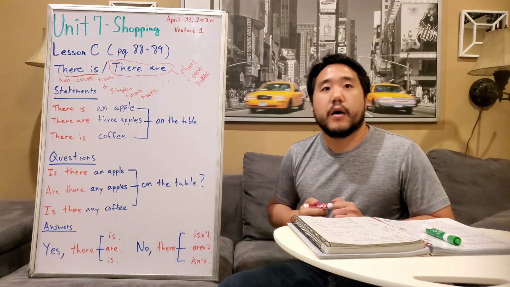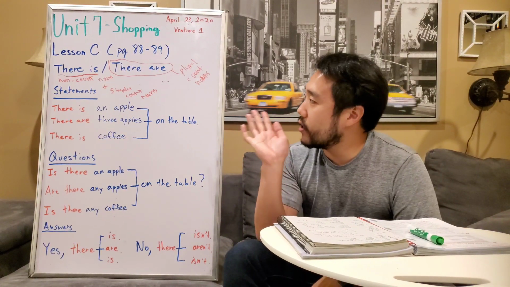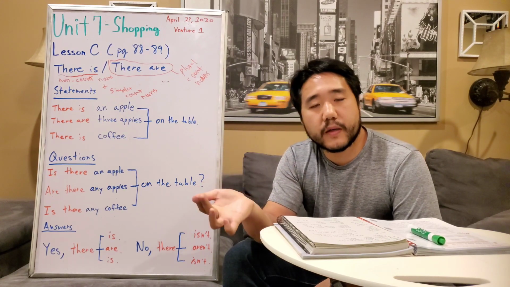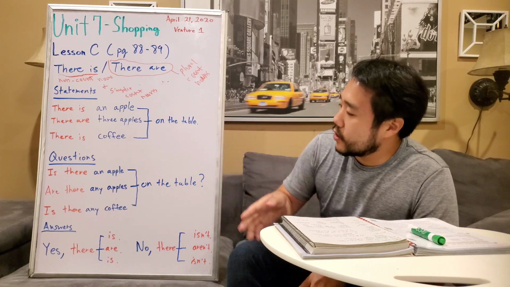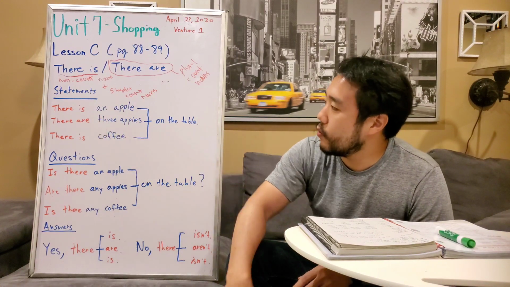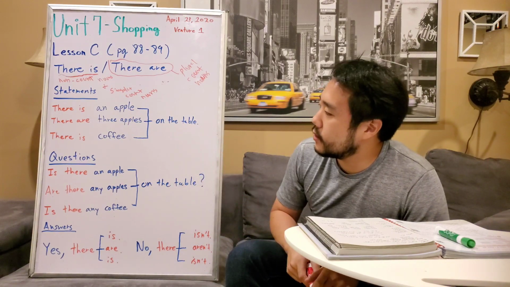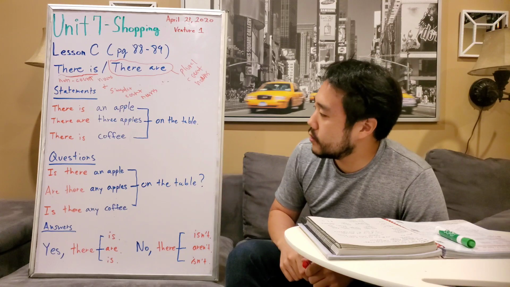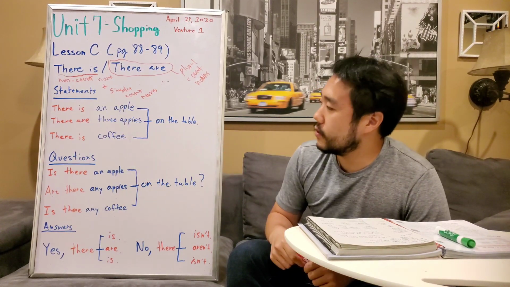We use the phrases "there is" and "there are" to make statements, or we can use them to make yes or no questions. You can see the examples on the board. For statements, we can say "There is an apple on the table." "There are 3 apples on the table." "There is coffee on the table."